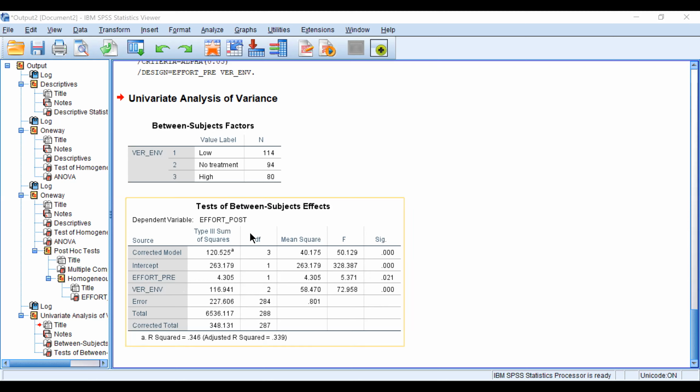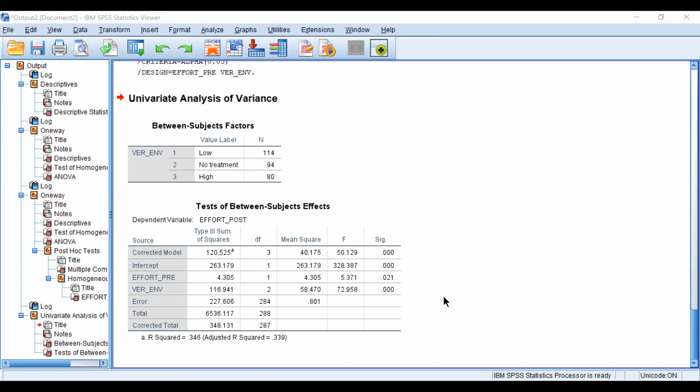In a test of perceptions of grading based on effort, after controlling for the amount of variance accounted for by preconceptions prior to treatment, so ruling out or controlling for the amount of pre-existing differences, the manipulation was statistically significant, p is less than 0.01.